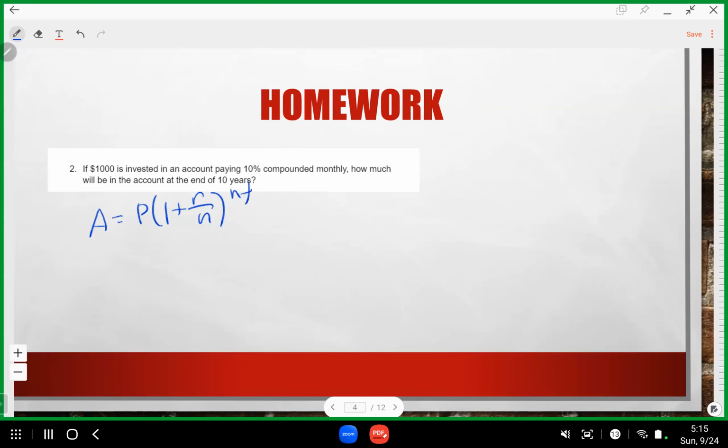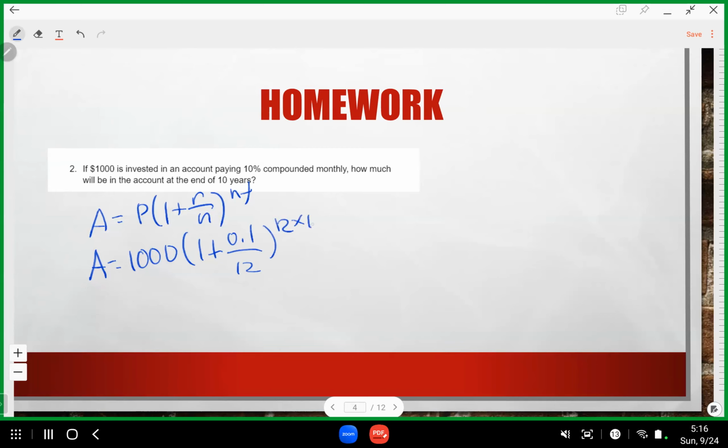Yes, very good. So you just put it into this formula, right? It's compound interest, right? Okay. Then we get A equals 1,000 times 1 plus 0.1 over 12, to the power of 12 times 10.